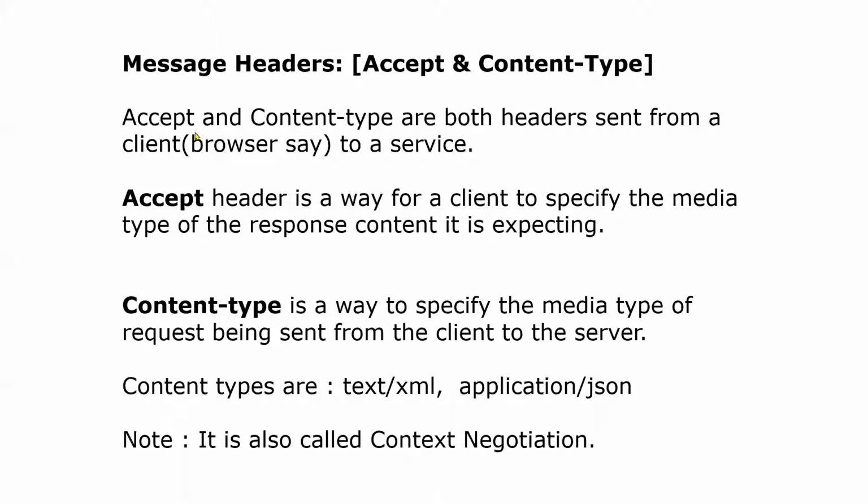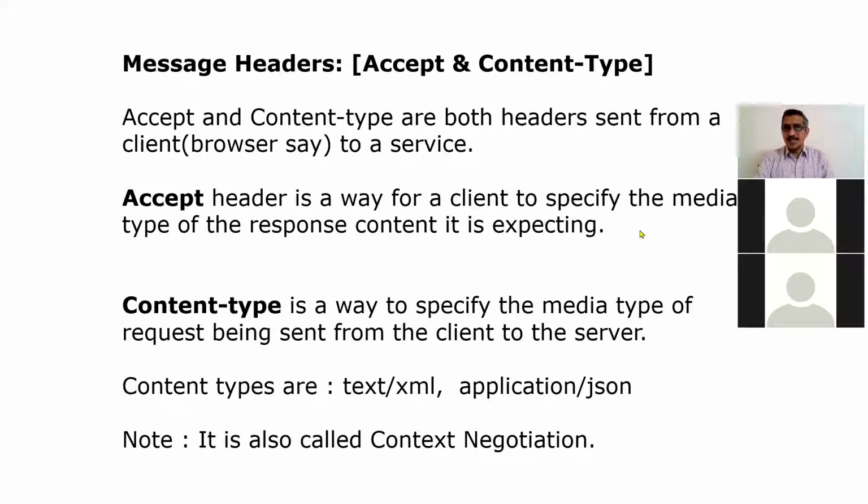Here you can observe there are two message headers, Accept and Content-Type. Both are headers sent from a client, for example a browser or Postman, to a service. Accept is a way for a client to specify the media type of the response content it is expecting. Content-Type is a way to specify the media type of the request being sent from the client to the server or service.